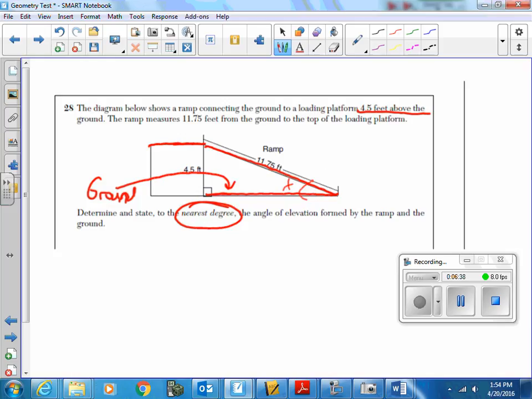If we were looking for this length right here, we could use a squared plus b squared equals c squared because we have two sides of a right triangle, but we're not looking for that length. We're looking for an angle, and you always have to use sine, cosine, or tangent when you're looking for an angle. All right, we'll pause this and I'll be right back. Go ahead and try it.